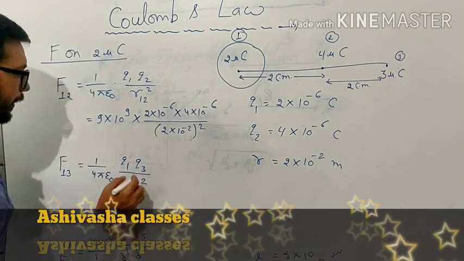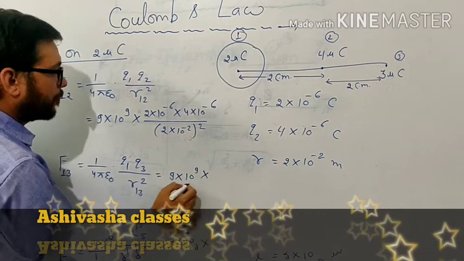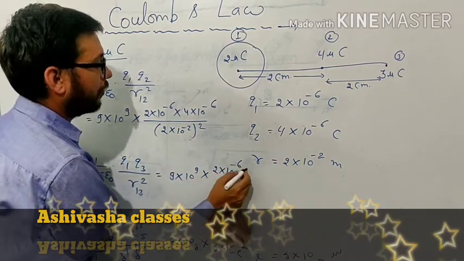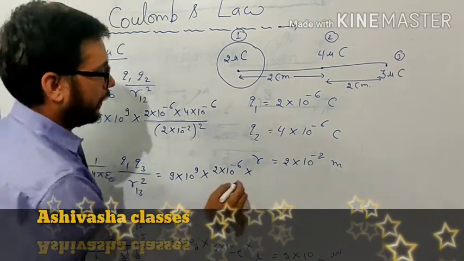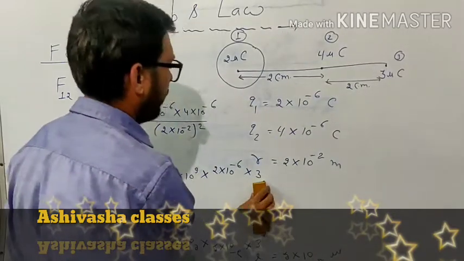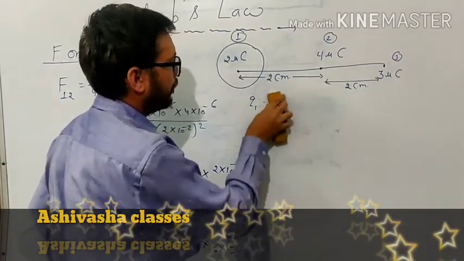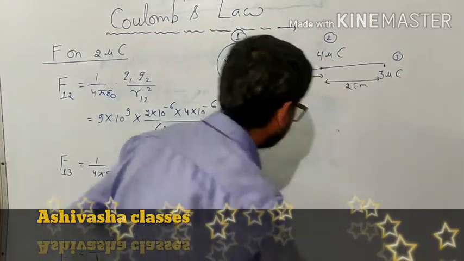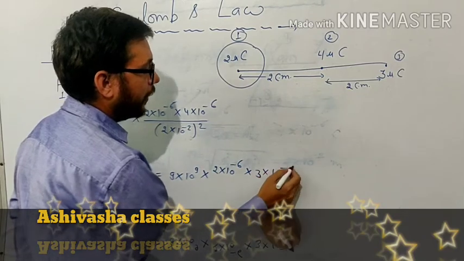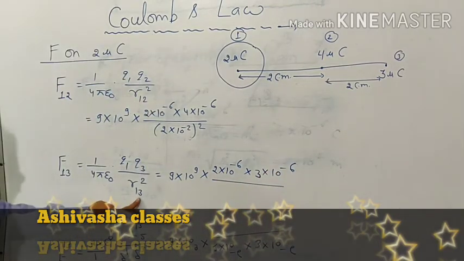And similarly here, this is 9 into 10 to the power 9, q1 that is 2 micro, and q3 that is 3 micro, divided by r13.